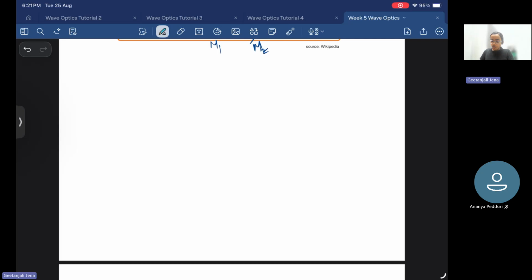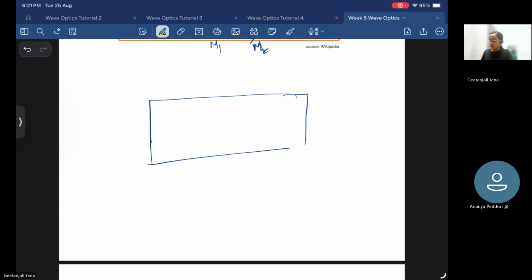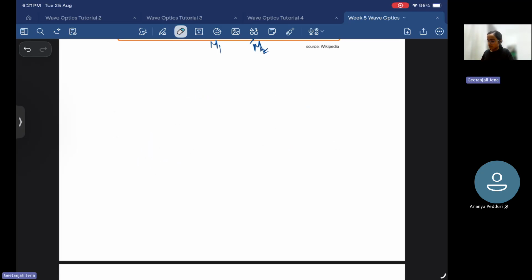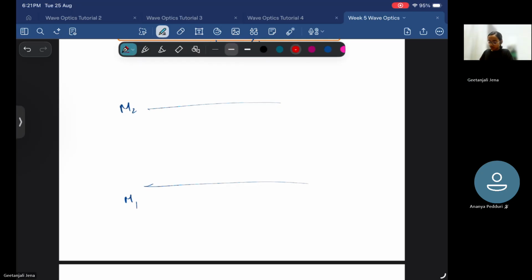For that, we have two mirrors, M2 and M1.